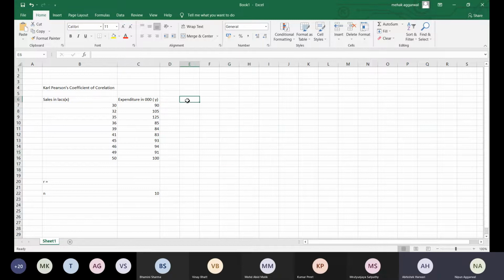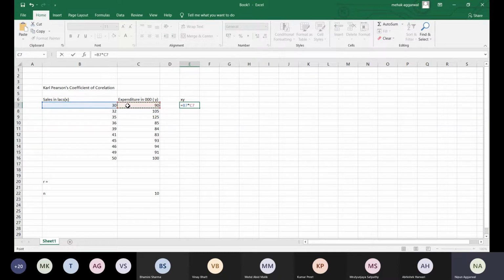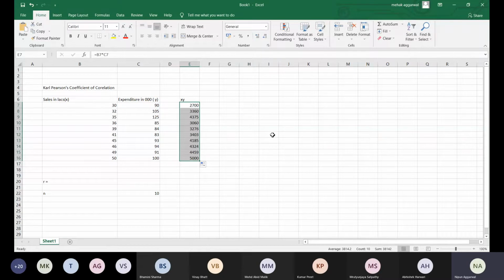For that you have to calculate xy, which will be equal to this multiplied by this. So that becomes your xy. Now individual xy you have to calculate. Then you want n summation xy. So summation xy is the sum of this. You will get 38142 as the value of summation xy.